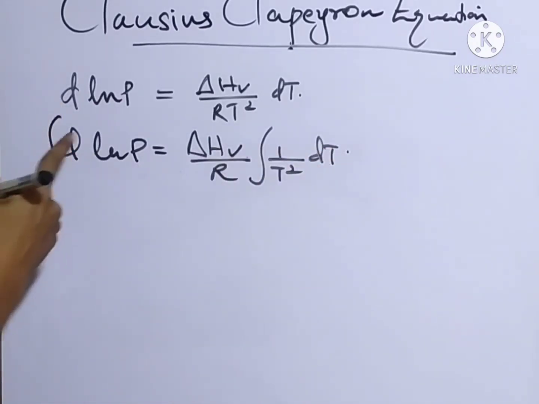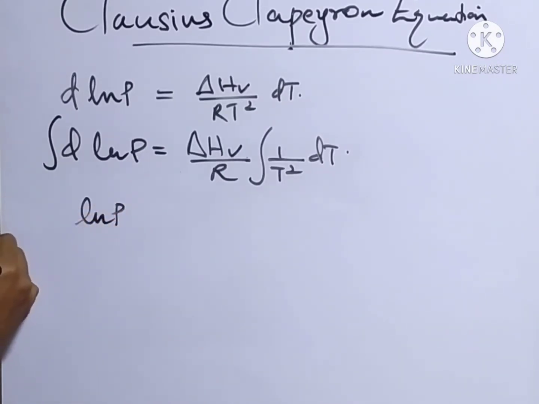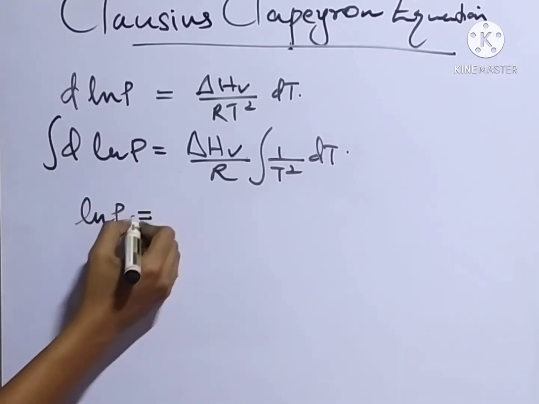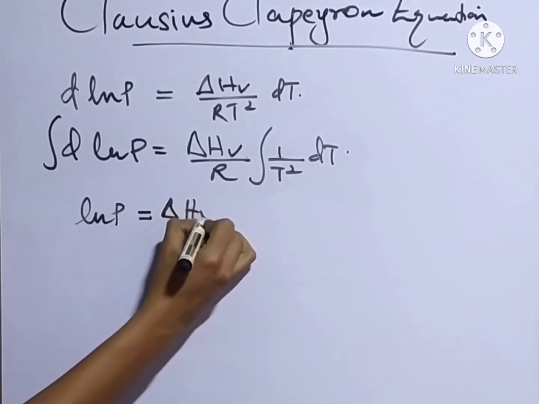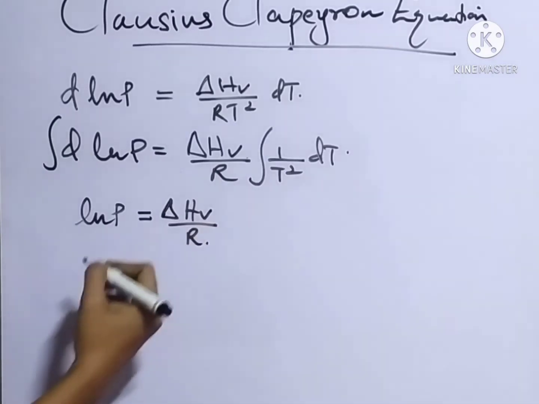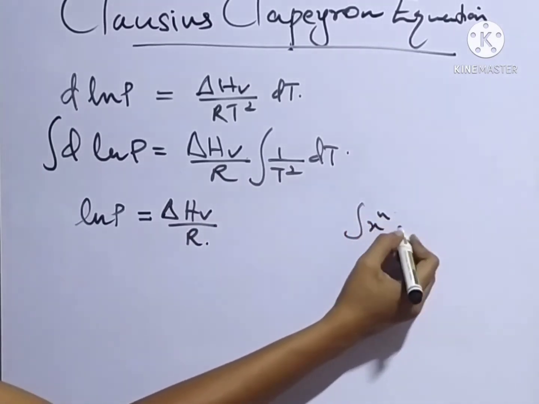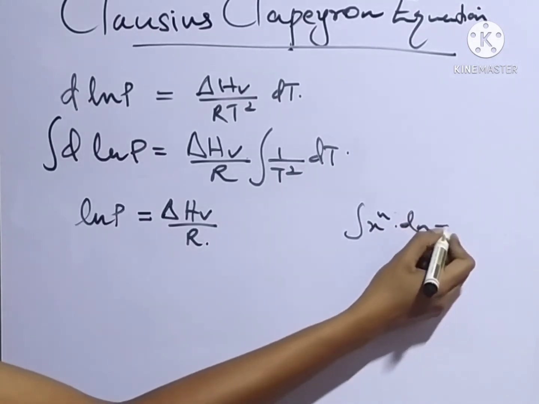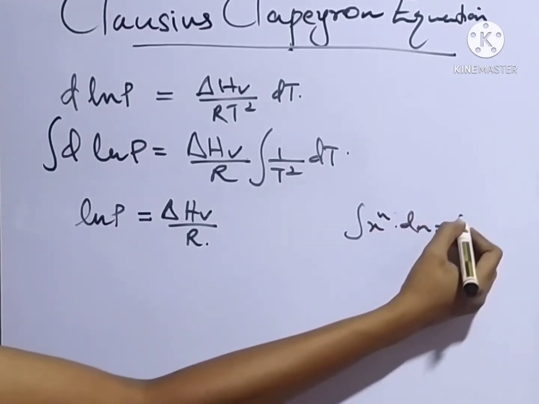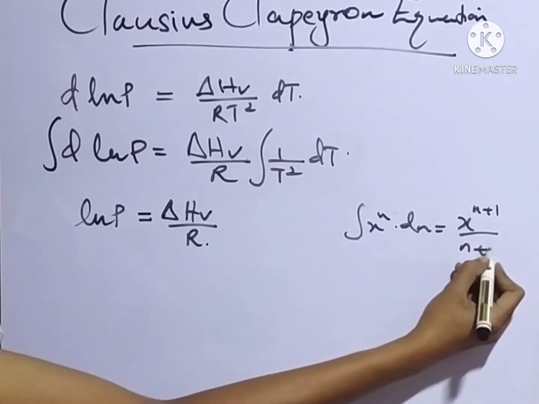Here the integral of d ln P equals ln P, and that equals ΔHv / R times the integral of 1/T² dT. Here for 1/T², we know the standard equation: the integral of x raised to n dx equals x raised to n plus 1 divided by n plus 1.